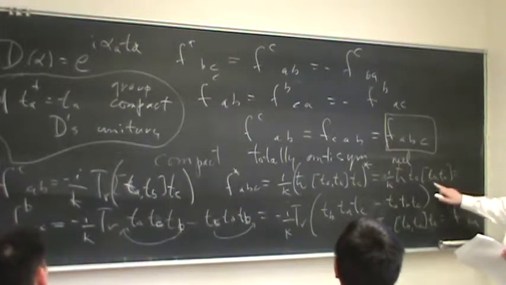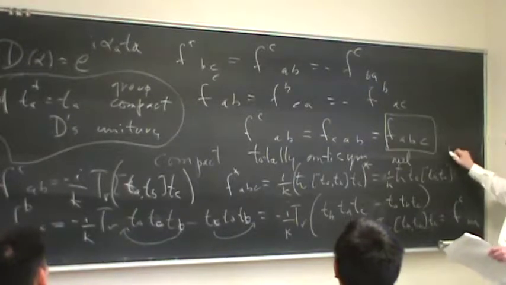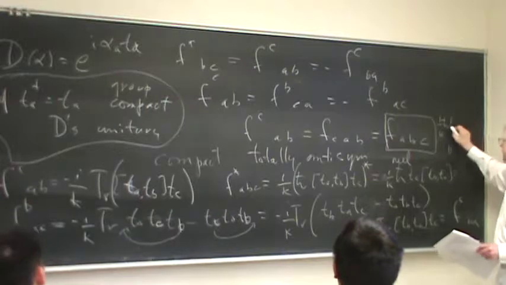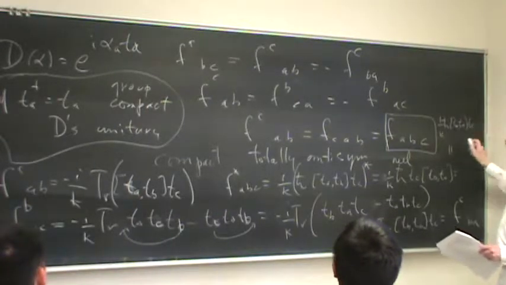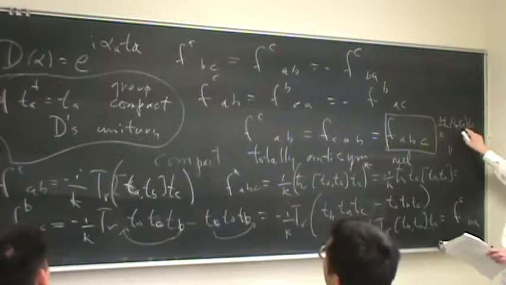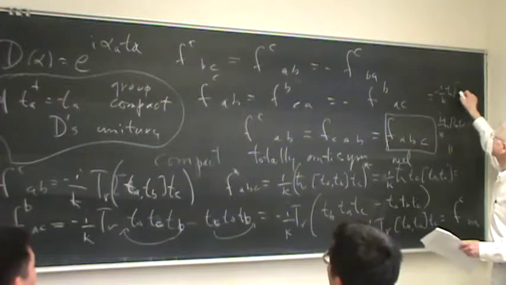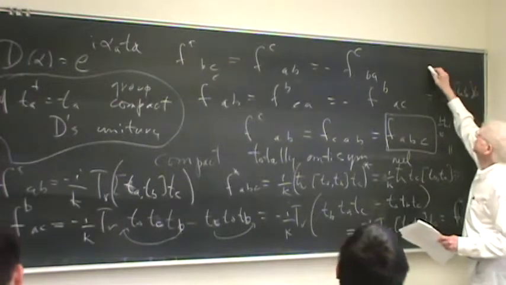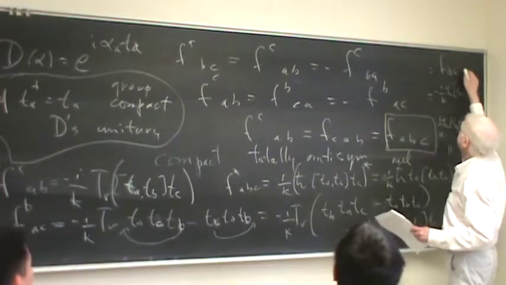Then what we see, we can always put the TC there, so we can say it's I over K trace TB TA TC, but now if we interchange B and A, we get minus I over K trace TA TB TC, which is F ABC.